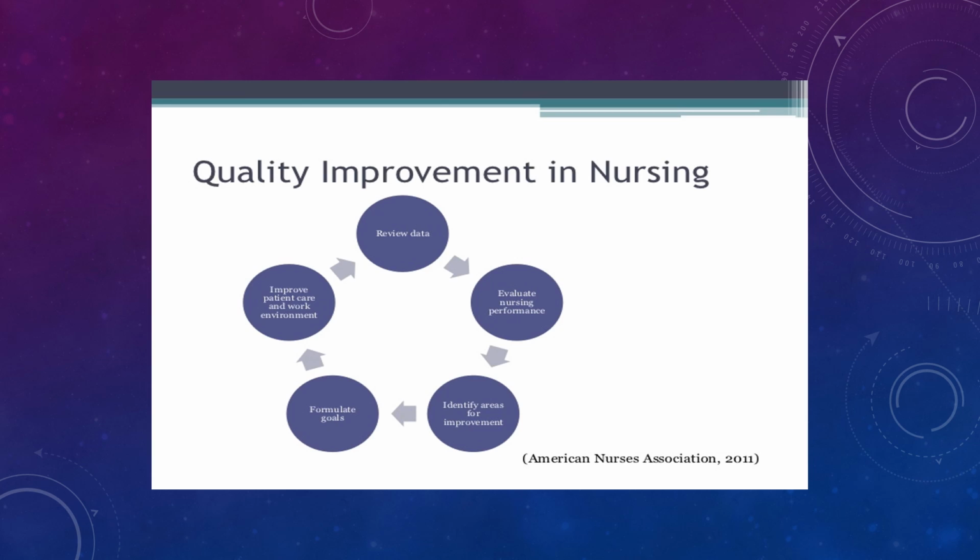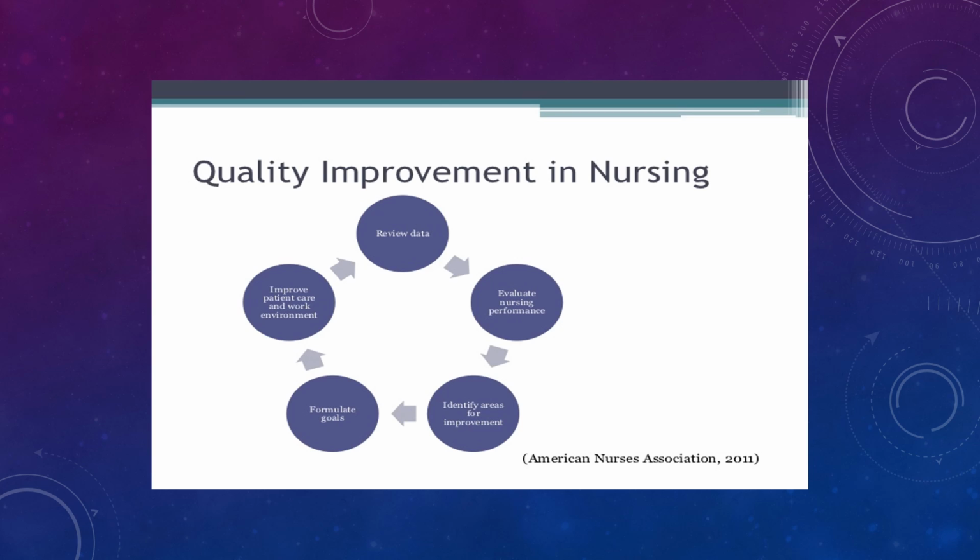So, for example, if there is an increase in medication errors on a particular unit, then the nurses that are administering medications will have to be evaluated. The nurse manager will actually go out on the unit and watch nurses pass medications to see their process.